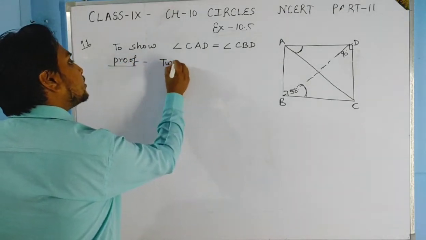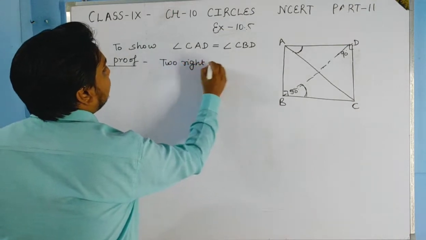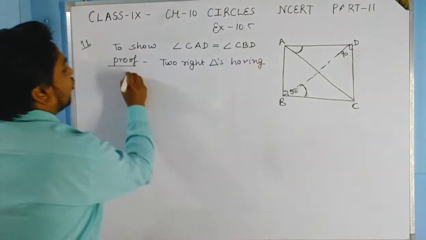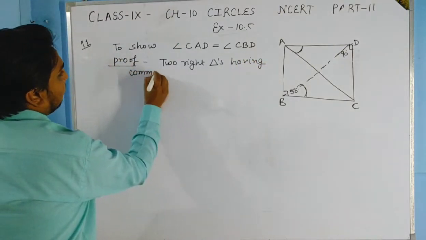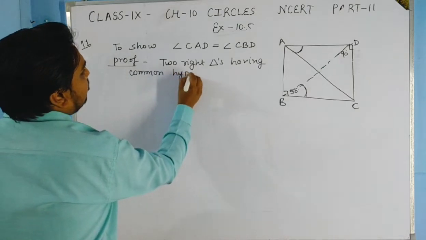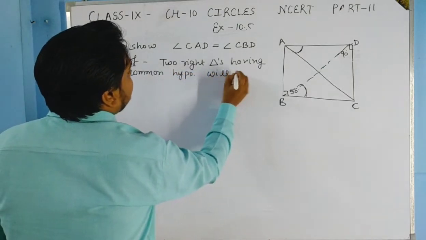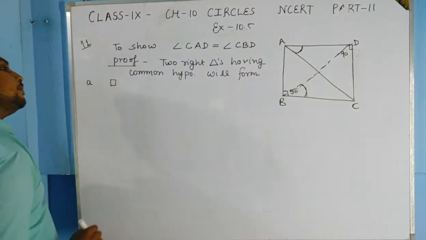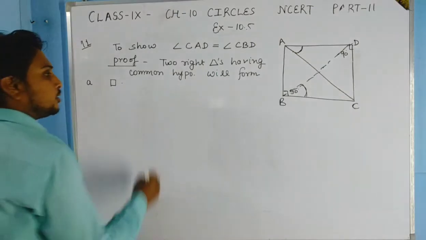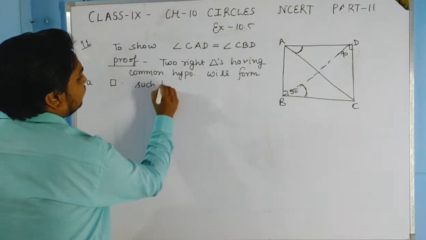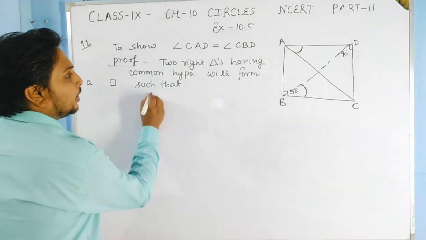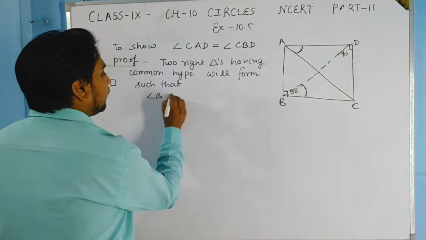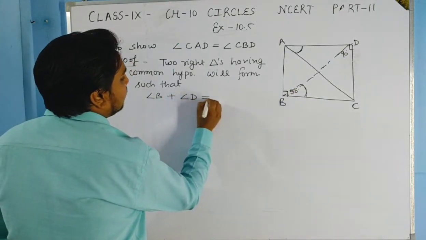Two right triangles having common hypotenuse will form a quadrilateral. Okay, and what kind of quadrilateral, students? Such that the whole angle B plus whole angle D is equal to what?